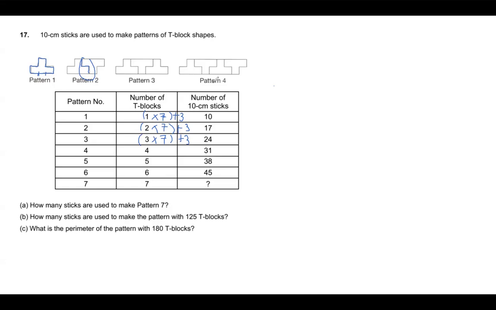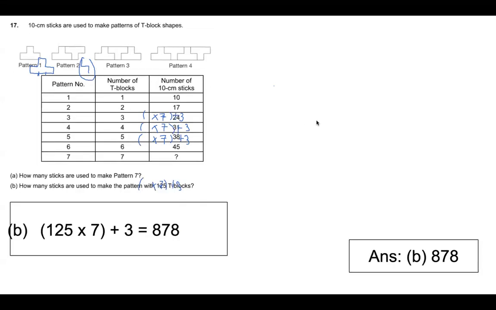Now, having said that, once you've established the pattern, to answer part A, how many sticks are used to make pattern 7? Same thing. The number of blocks or the pattern number, multiply it by 7, and then plus 3. Okay, so that's how you solve the first part.